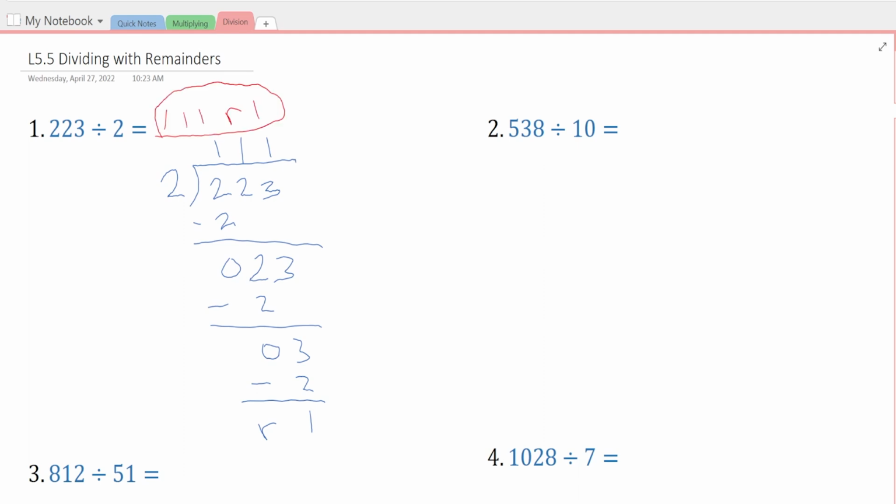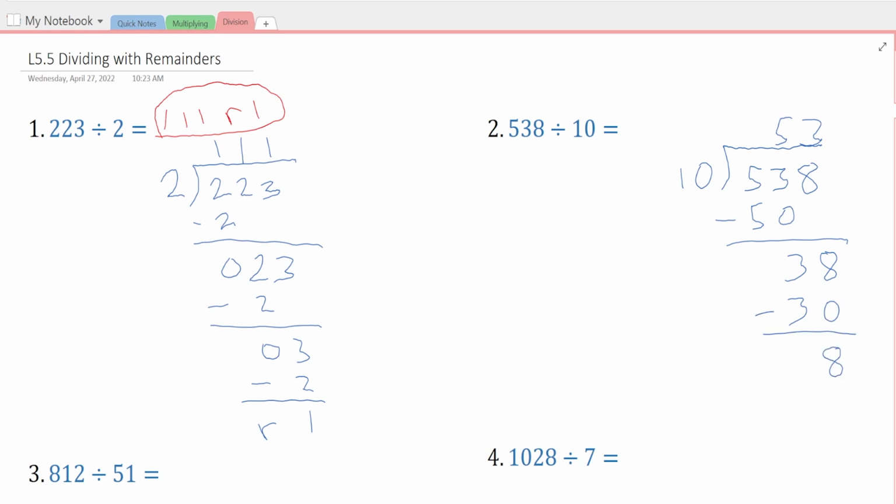Okay, next problem. 10 goes into 53 5 times. I'm going to put the 5 over here because 53 is the number that we're trying to put 10 inside of. And 5 times 10 is equal to 50. Then we're going to subtract that, and then we get 38. 10 goes into 38 3 times. 3 times 10 is equal to 30.